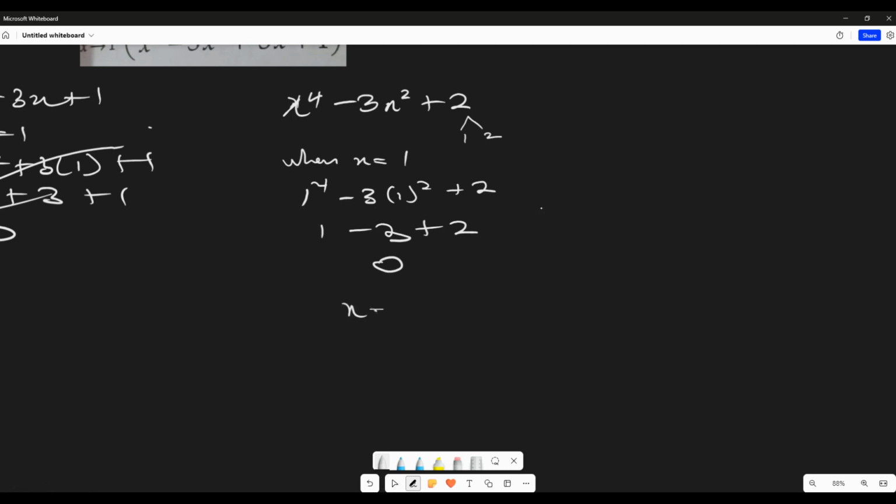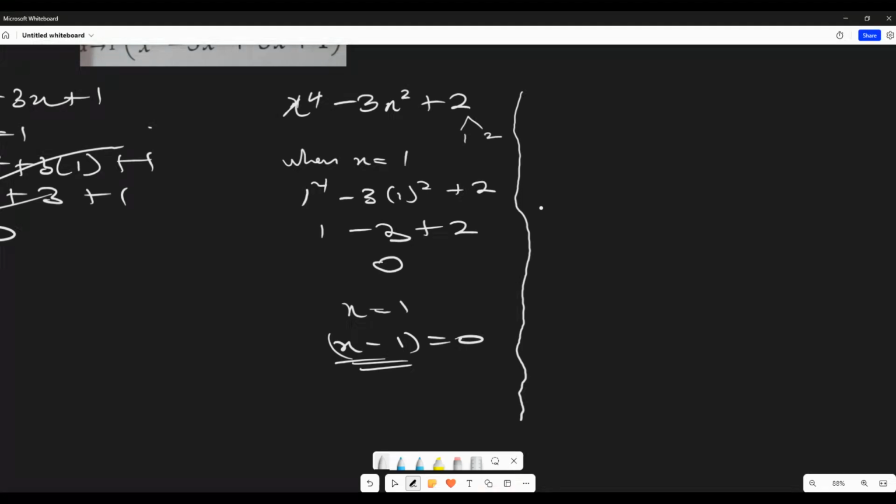Since x is equal to 1 is one of the solutions of the expression, the 1 can cross the equal sign to become x minus 1 is equal to 0. And this implies x minus 1 is a factor of this expression. A factor of any number is a number that can divide the bigger number without a remainder.